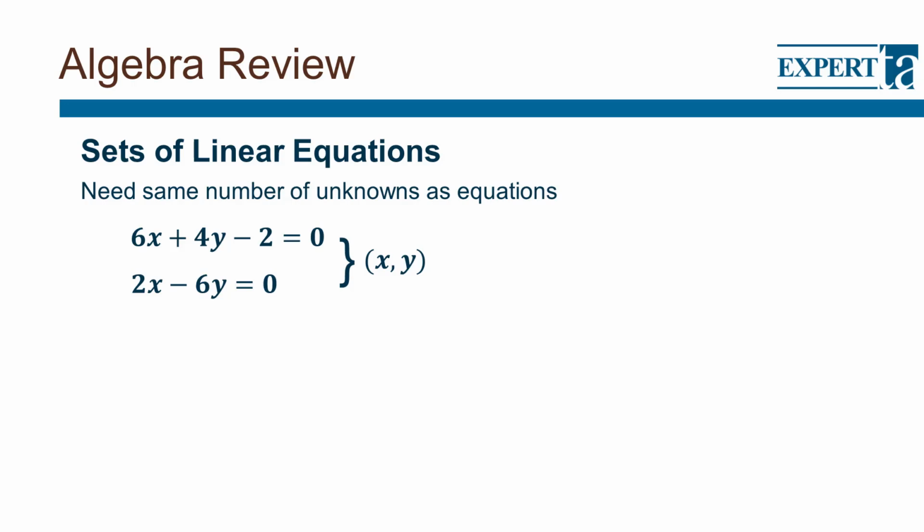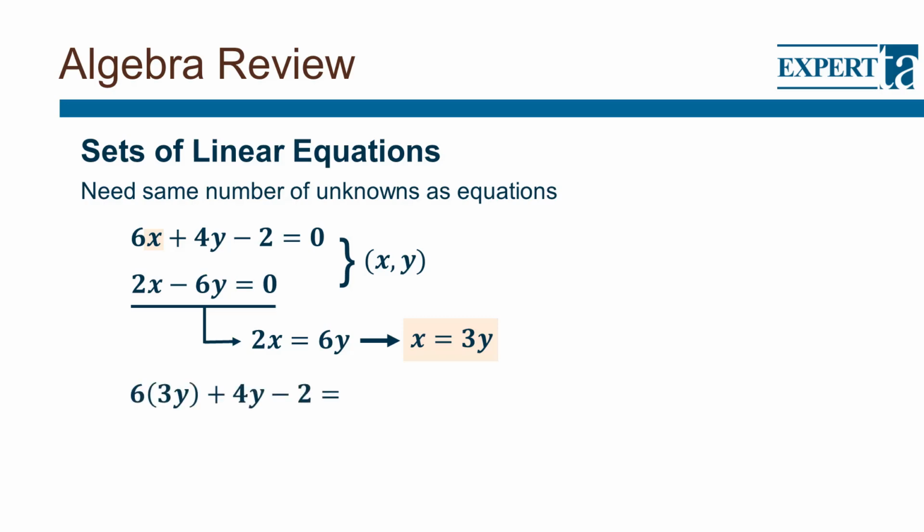I'm going to solve them using a technique which I'm sure you're very familiar with. I'm going to solve one of the equations for one of the variables, and then plug that variable back into the first equation to find them both. First I got 2x equals 6y by rearranging that equation, and that tells me that x is 3 times y. I don't know what x and y are, but I know they're related by a factor of 3. Now I'm going to plug that into the other equation. So 6 times 3y plus 4y minus 2, that's 18y plus 4y is 22y minus 2, equal to 0.